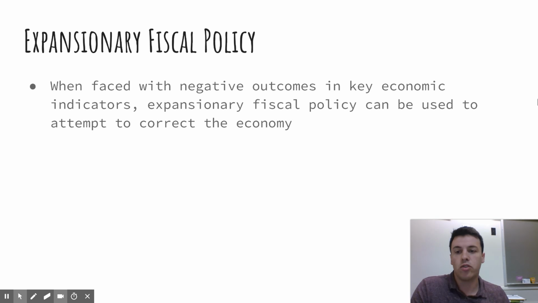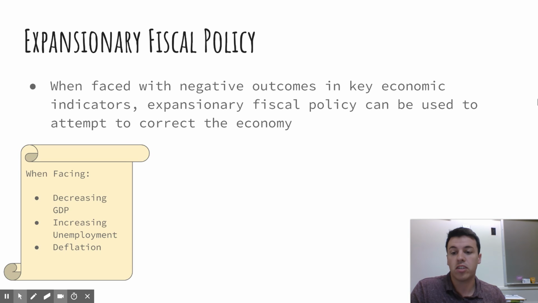All right, so there are really two sides to this. We have expansionary fiscal policy, and then we have contractionary. Expansionary, we'll start there. Whenever we have negative outcomes to our key economic indicators, so that's unemployment, GDP, and inflation, we can use this to attempt to correct the economy. If we're facing decreasing GDP, so recession conditions, we're seeing unemployment increasing.